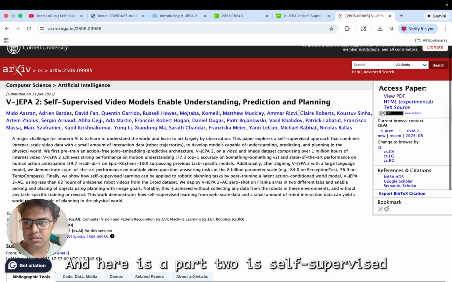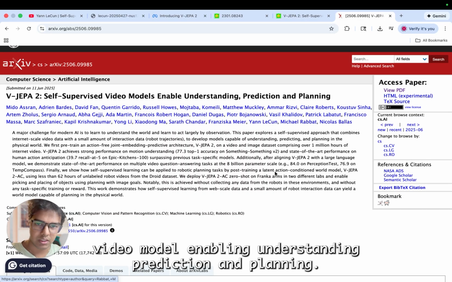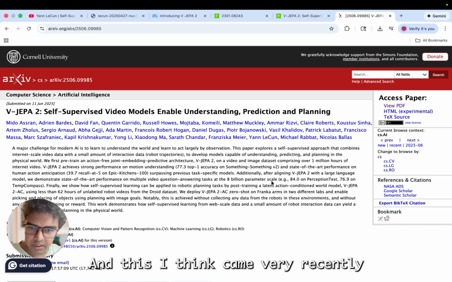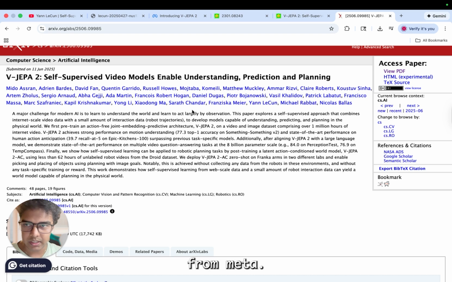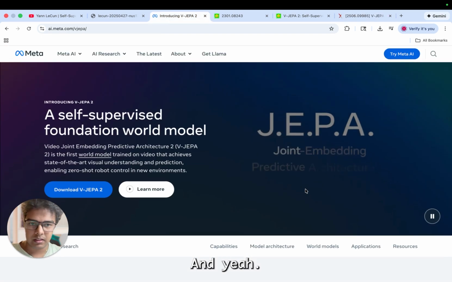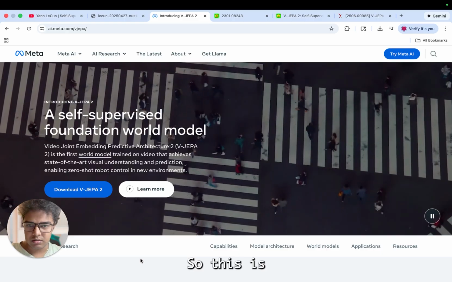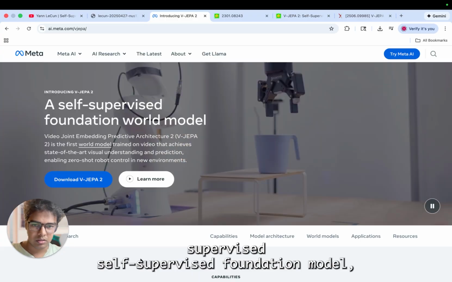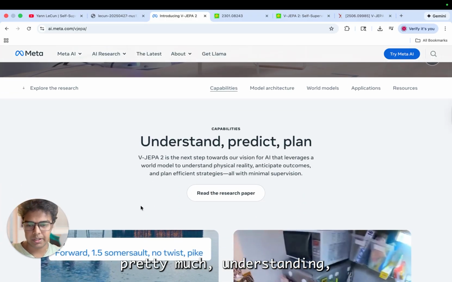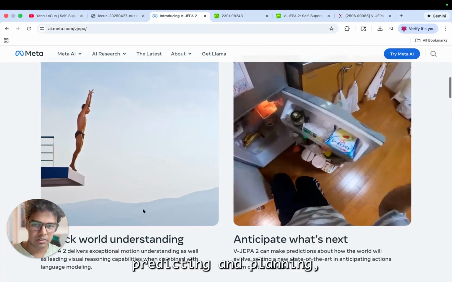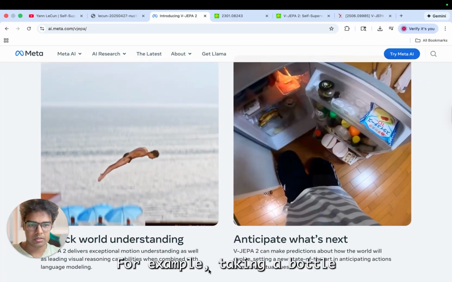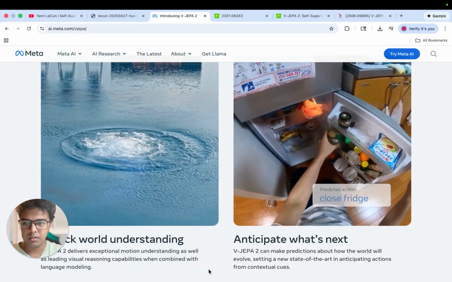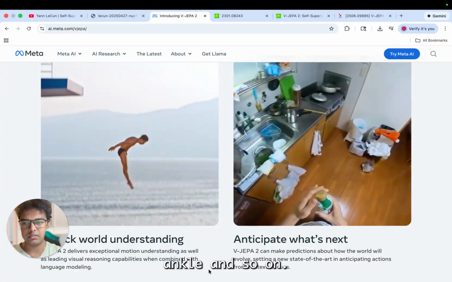And here is vJEPA 2, self-supervised video models enabling understanding, prediction, and planning. And this, I think, came out very recently from Meta. It's a foundational self-supervised model, pretty much understanding, predicting, and planning different tasks, like for example taking a bottle, and this one is a forward 1.5 somersault, no twist, and so on.